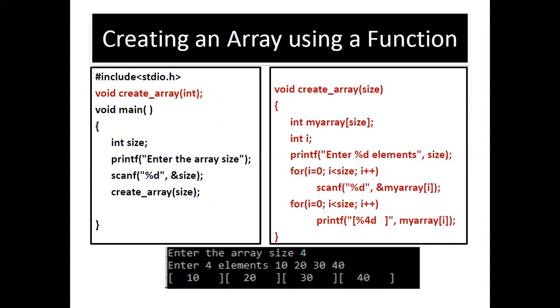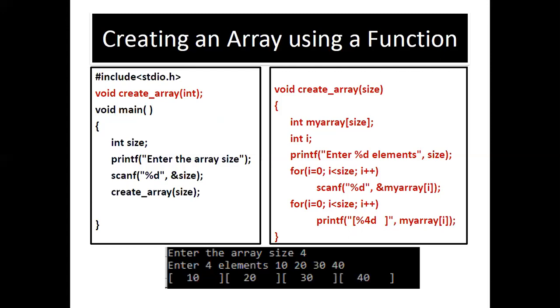So we'll be directly moving into the program or example, and we'll try to see how to pass an array to a function and how the function is going to handle it, how to write the function definition, how to create a function prototype, and we will also see the result.